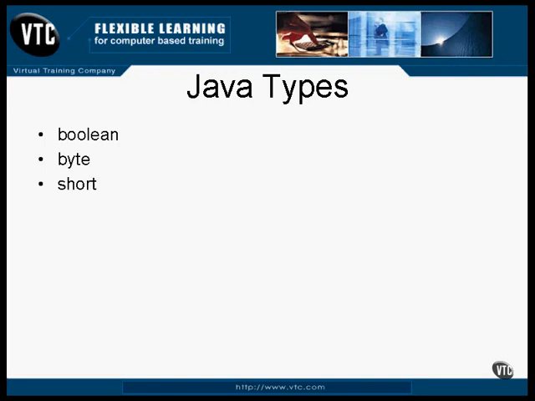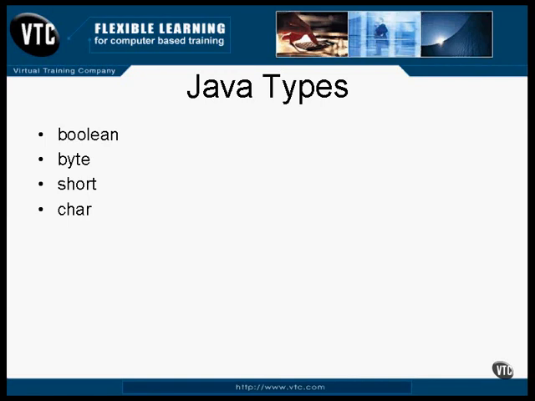It can be assigned the value of true or false, and it can be used in a conditional expression to test which it is. The byte type is an 8-bit signed integer. The short is a 16-bit signed integer. The char is the only unsigned data type in Java. It's a 16-bit unsigned integer, and you can do arithmetic with it, but it's always interpreted by Java as being a Unicode character.